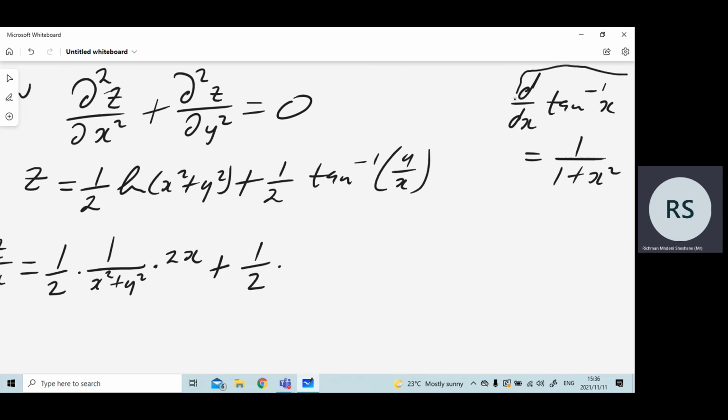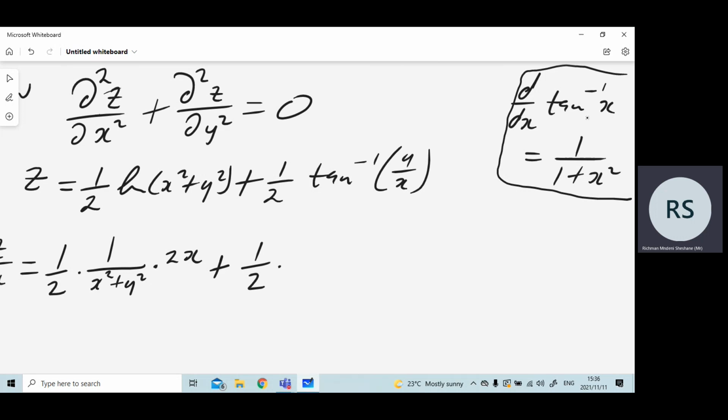This is the formula that will be given to you. Here, instead of x, they have the function y over x. So to evaluate this derivative, where there's x you substitute y over x. And then don't forget to apply the chain rule, so you multiply by the derivative of the inner function at the end, always if you have a function instead of x.